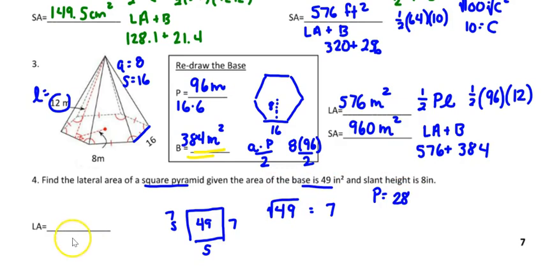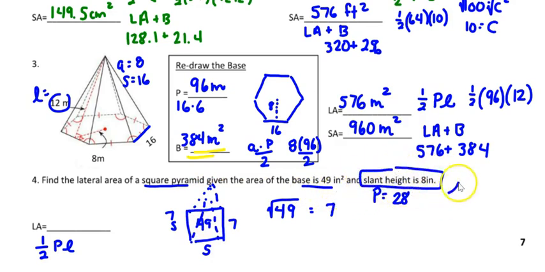But anyway, what is it they want us to know? They want us to know what the lateral surface area is. So in order to know lateral surface area, remember it's 1/2 the perimeter times the slant height. So do we have a slant height yet? I'm going to pretend like I know how to draw one of these. Okay, do we have a slant height? Yep, we have a slant height of 8. So that's our L. So we can plug that in down here.